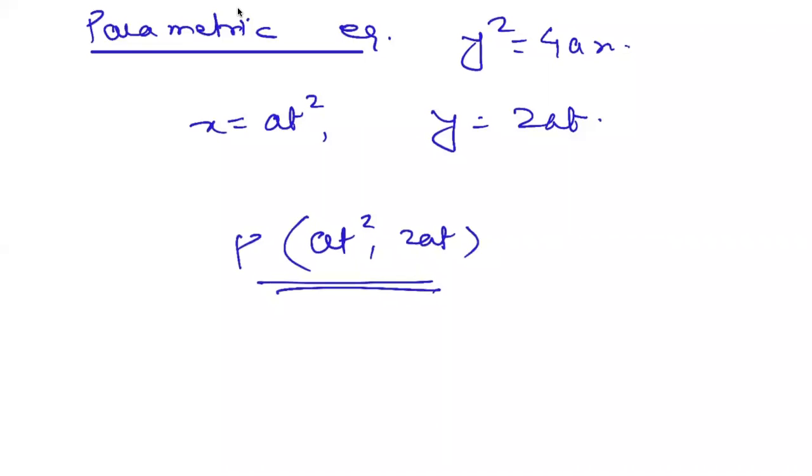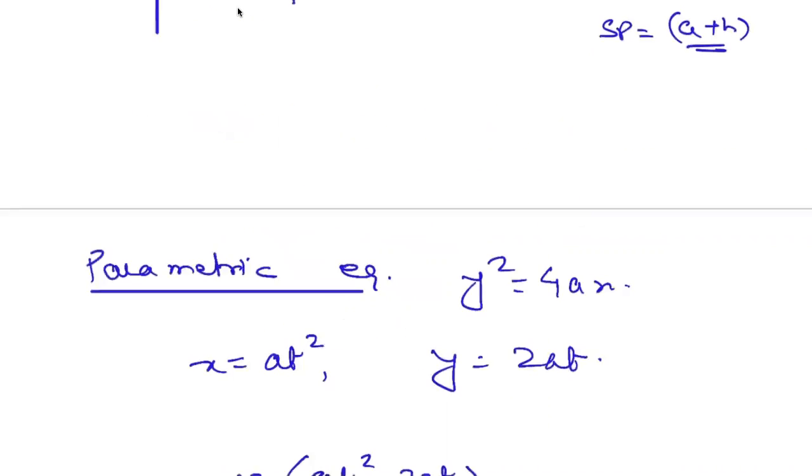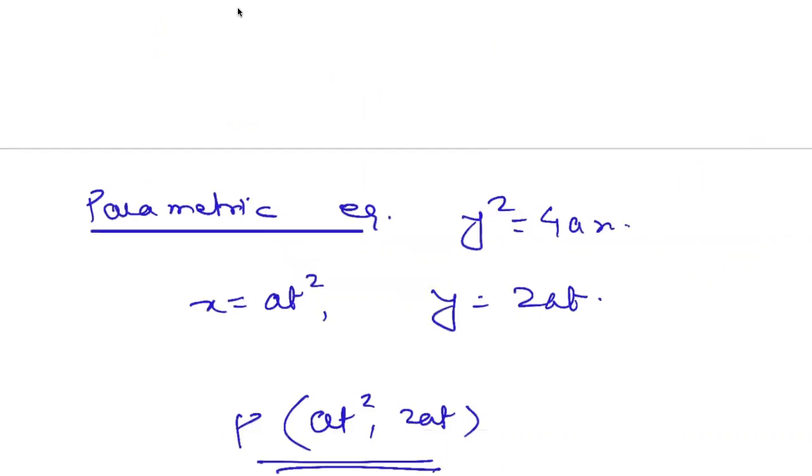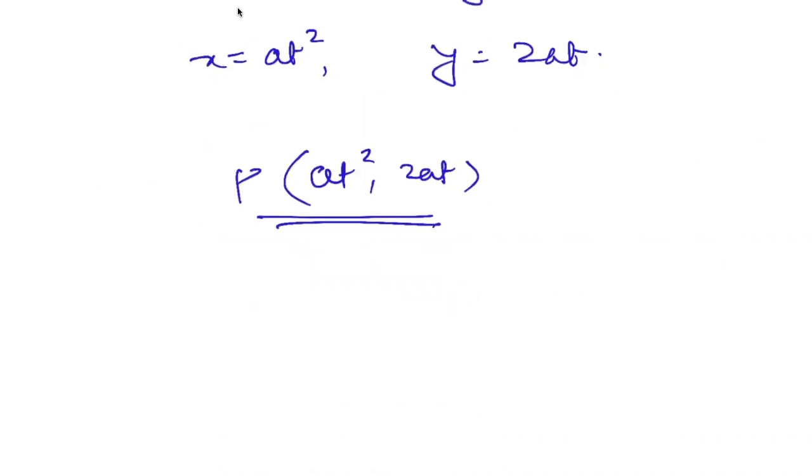The meaning of this parametric is that for different values of t, we can get each and every point of the parabola. Every single dot on the parabola is represented by parameter t. If you need the vertex, t is equal to 0.